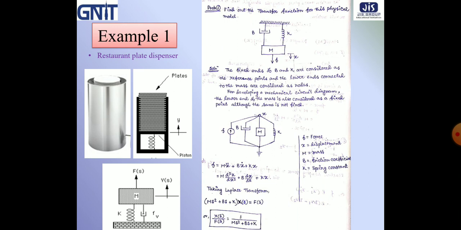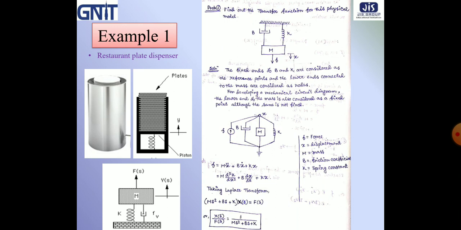And how do we connect B, K, M and F? As we already said, one end of the mass will be connected to the node x, and one end is connected to the reference point represented by the ground symbol. So the mass will be connected between x and ground.